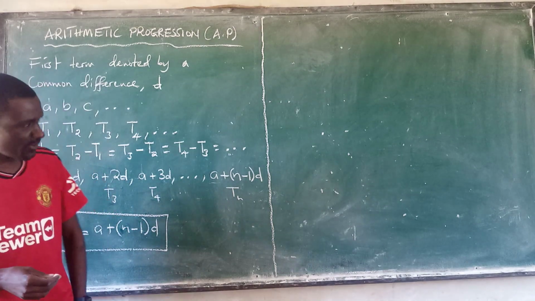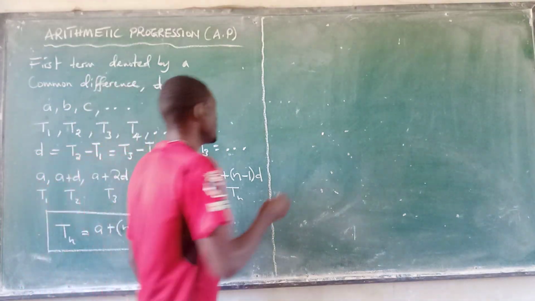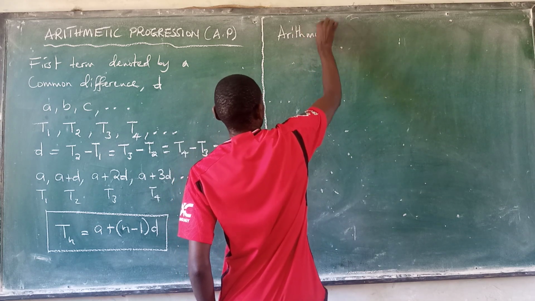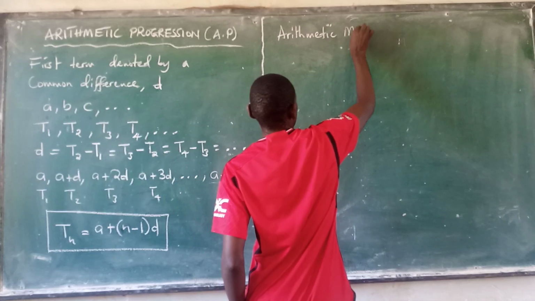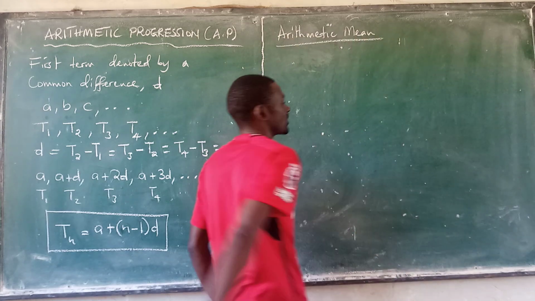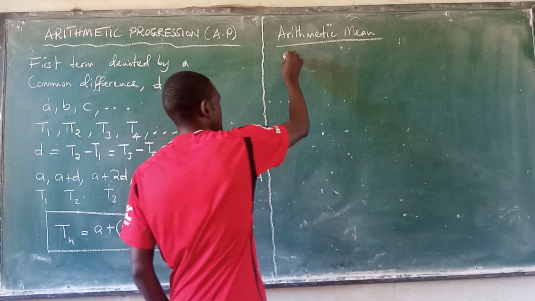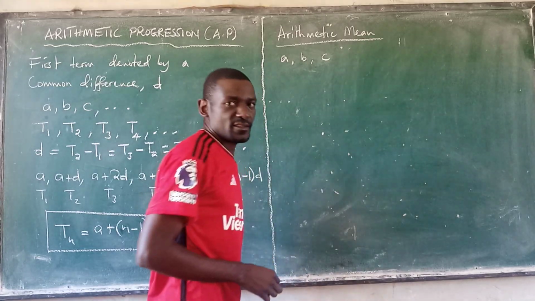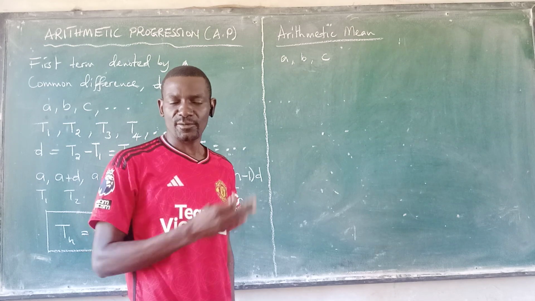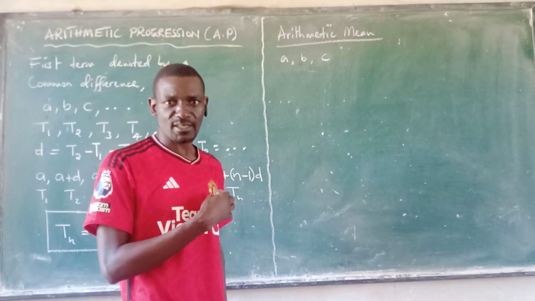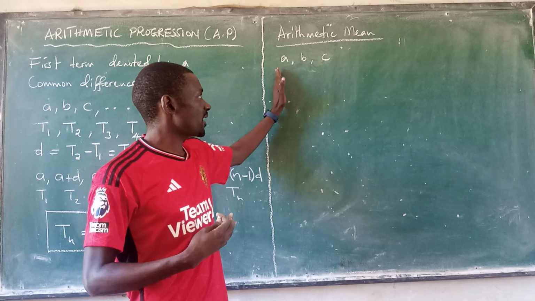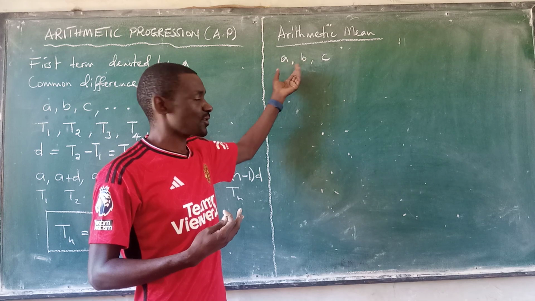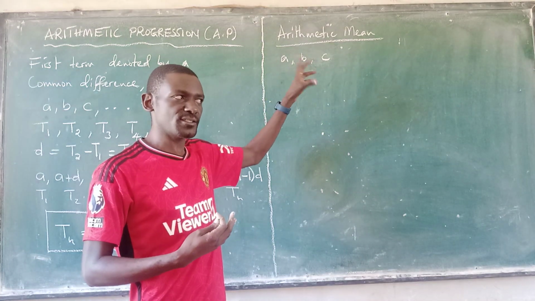So from that, we can talk about the arithmetic mean. Let's say we have a sequence, the same one, A, B, C. The arithmetic mean of A and C is B. And so at times when you're given A, you're given C, then you are asked to find the arithmetic mean, which is B. So if we check the common difference, the difference is the same.